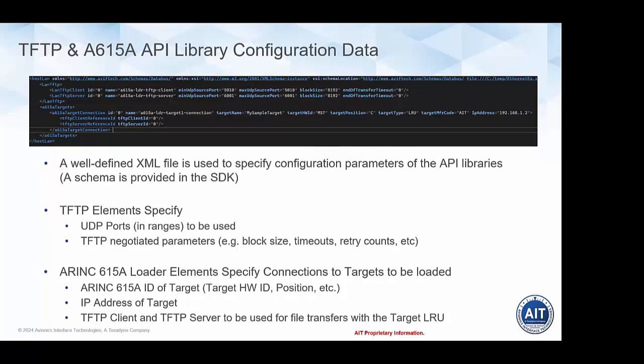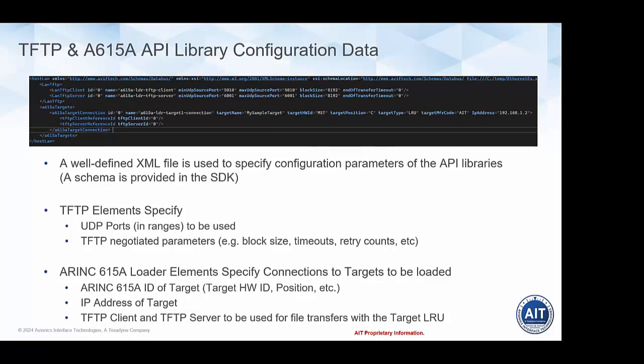So I have at the top of the slide here, hopefully you're able to see it, a snippet of a very simple XML configuration file for the TFTP library and also for the ARINC 615A library. At the top, you see the LAN TFTP there. Within that element, you specify the TFTP client and the TFTP server.